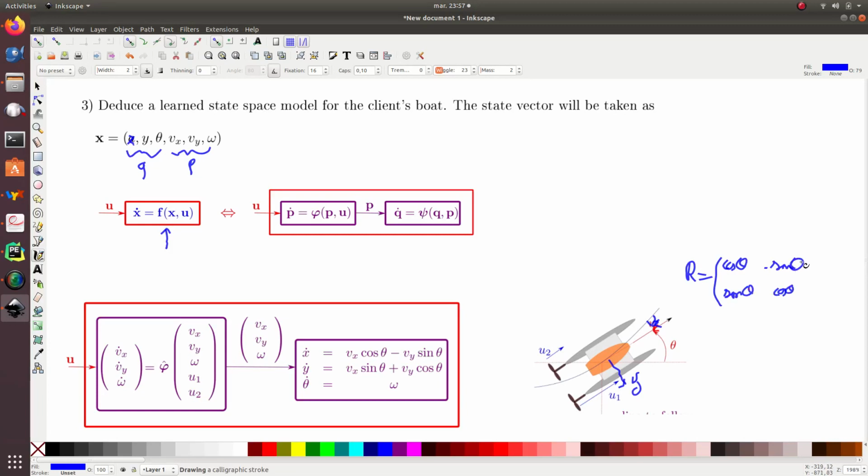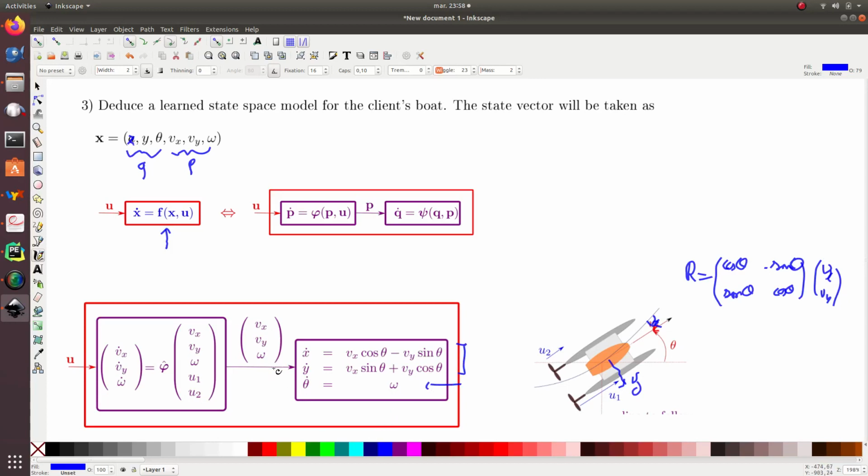If I multiply by the vector Vx, Vy, I will reach the derivative of the position x and y in the world frame. So this is just geometry.